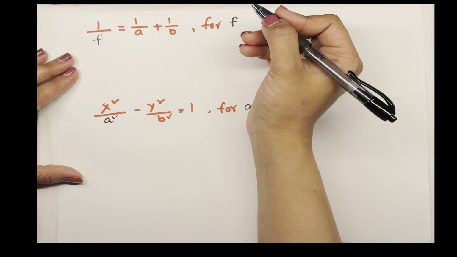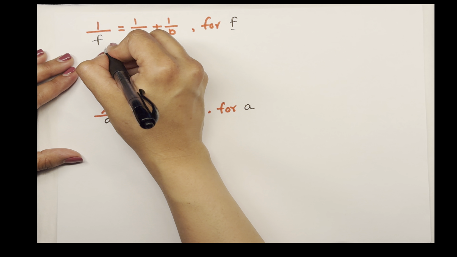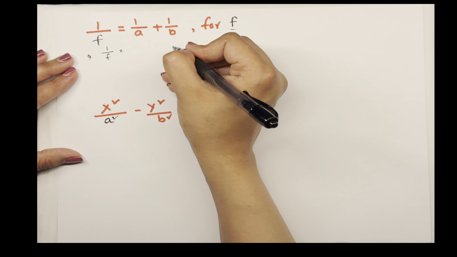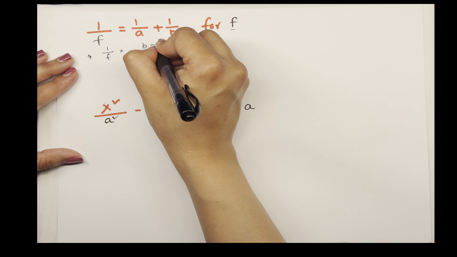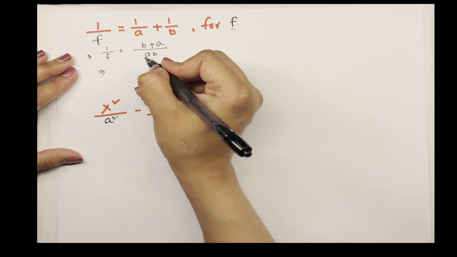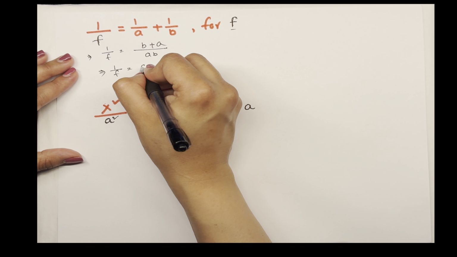1 by F equals 1 by A plus 1 by B, and we're solving for F. Step 1. Let's work with the right hand side. AB is the LCM, so that means (B plus A) over AB. 1 by F equals (A plus B) by AB.